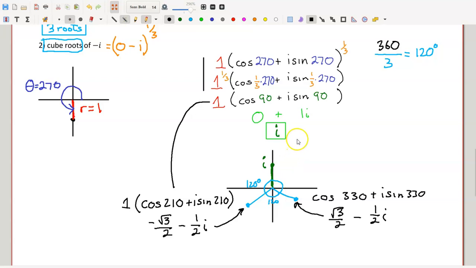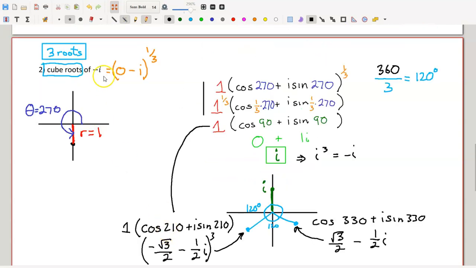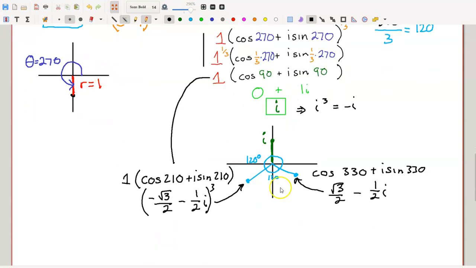And then you could always check each one of these. So you could go here and say, as a check, what is I to the third power? And lo and behold, that does equal negative I. And then you could go down here and do a lot of work and raise this to the third power, and it should come out to negative I. And same thing over here.